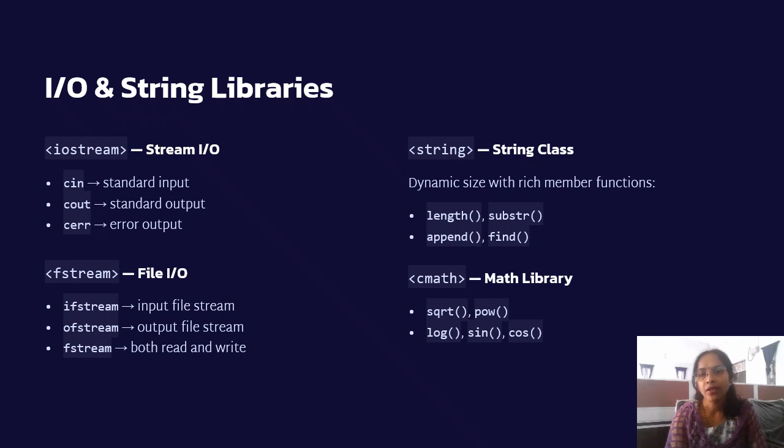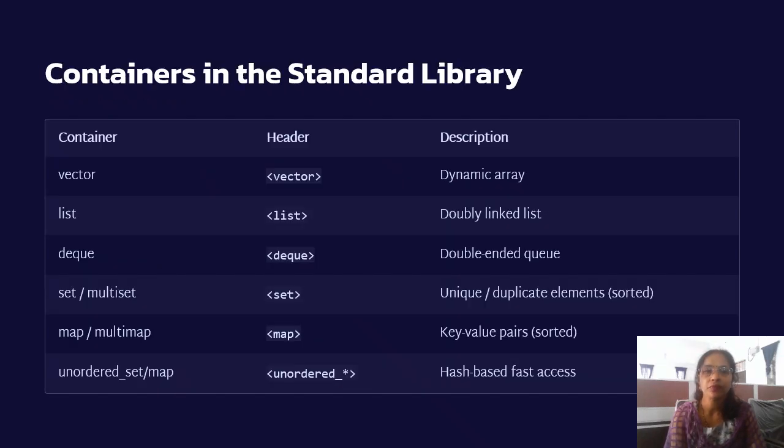Third is the string class, used for all strings. It has a dynamic size with member functions including length, substr, append, and find. Then the math library: if we do any type of calculation, we use different functions like square root sqrt, power, log, sine, and cosine.